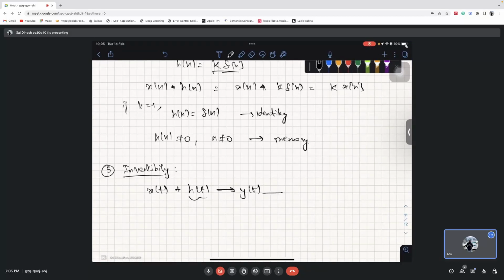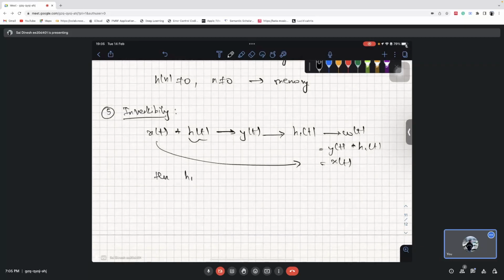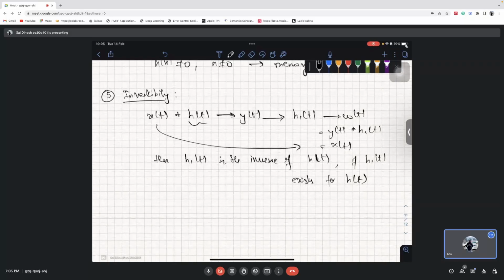If there is another system h1 of t which produces w of t equal to y of t convolved with h1 of t, and this equals x of t, then h1 of t is the inverse of h of t. If such an h1 of t exists for h of t, then this is an inverse system of h of t.